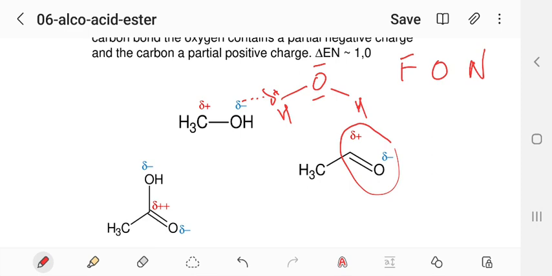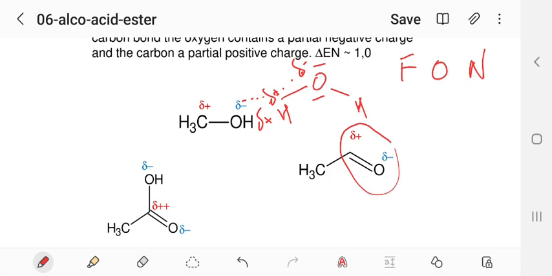So part of this element can be dissolved in water because it can create hydrogen bridges with water. Also here, because this one is delta plus and this one is delta minus, they can create these hydrogen bridges. And this is how they are dissolved in water.